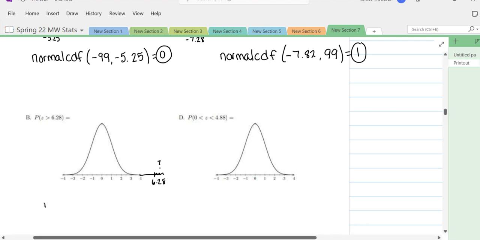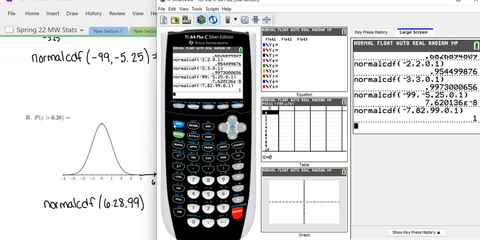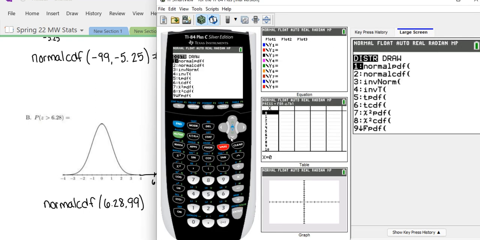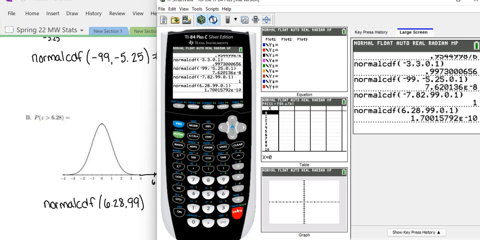We would go normal CDF, lower limit of 6.28, upper limit of 99. And then you have 9 decimals and then a 1. So definitely 0 there.